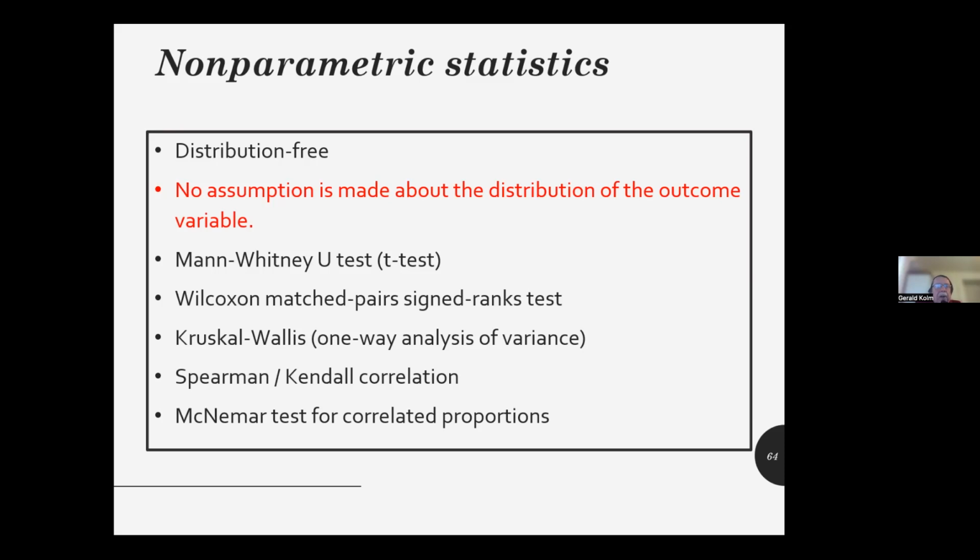So you rank all of the outcomes from high to low, and then get a rank score of those that fall in one group and those that fall in another group, and see if there's a difference in the ranks.